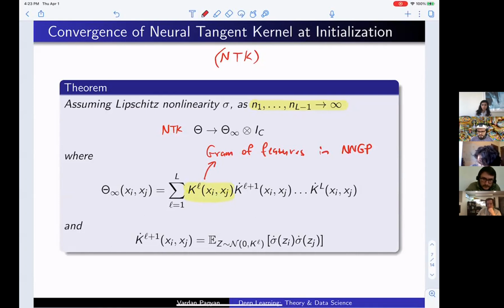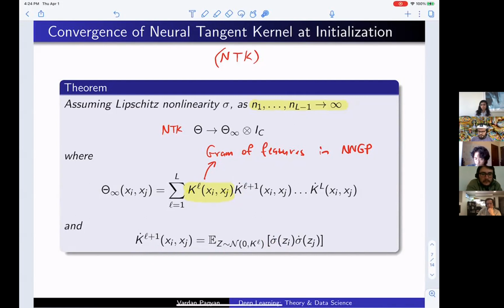Now, what is this whole thing? Let's notice first of all that there is a dot here, which means that this is associated with some derivative. If you look at the definition of k dot L plus 1, it's again a gram because it obtains xi and xj. And you can see that it's just defined to be the expectation of dot sigma zi dot sigma zj.